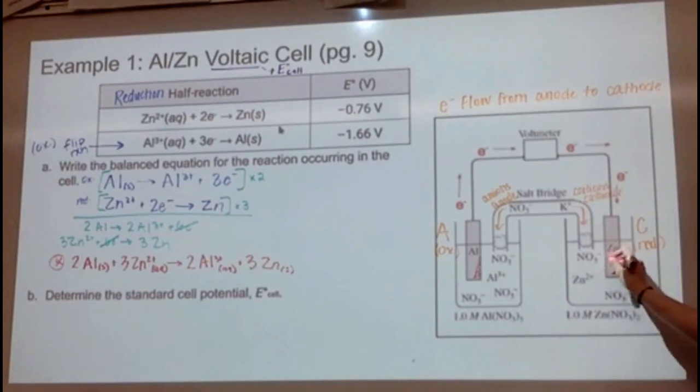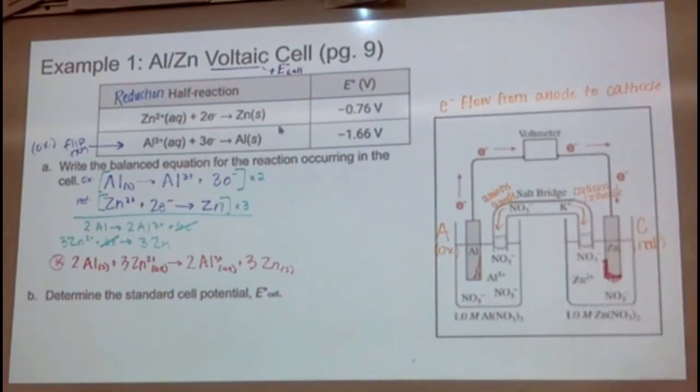We would expect over time to see an increase in mass on the cathode side because the Zn2+ ions are becoming solid zinc and they're sticking to that electrode.